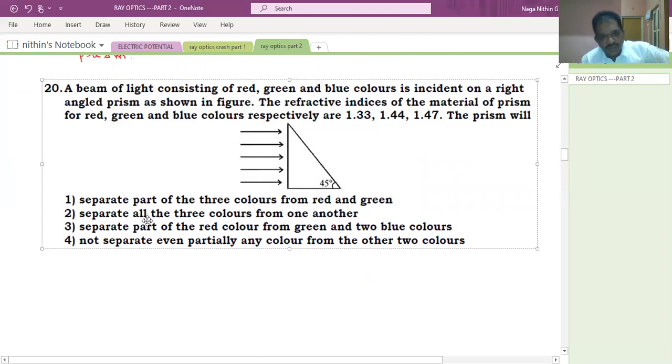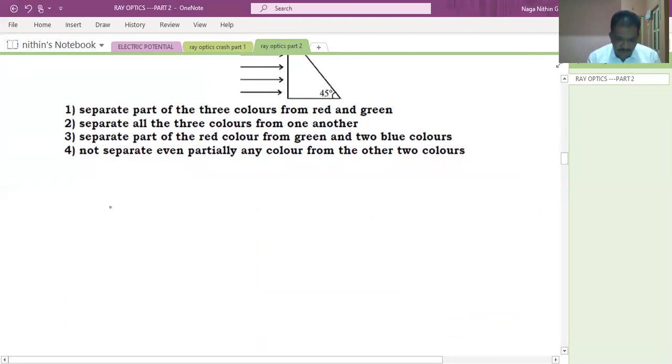Next, a beam of light consisting of red, green, and blue colors is incident on a right-angled prism as shown in the figure. The refractive indices of the material of the prism for red, green, and blue colors are 1.33, 1.44, 1.47. What will this prism do, that is the question. Okay, you find the refractive index of the prism. Here normal incidence, so mu is equal to 1 by sin c.